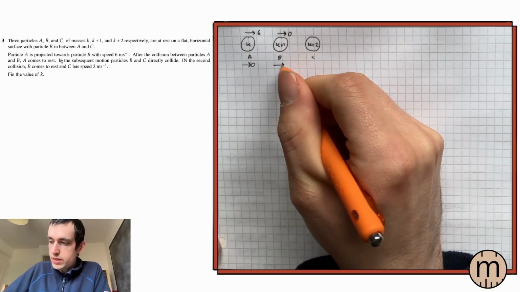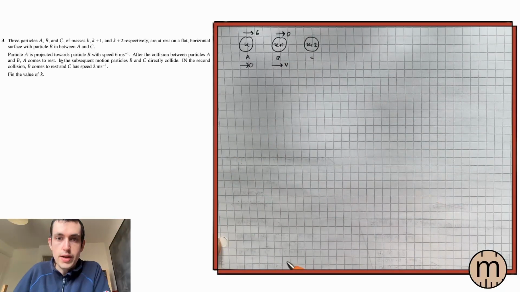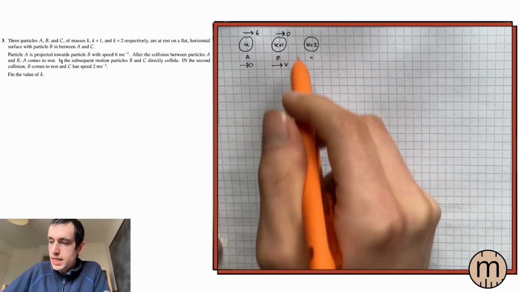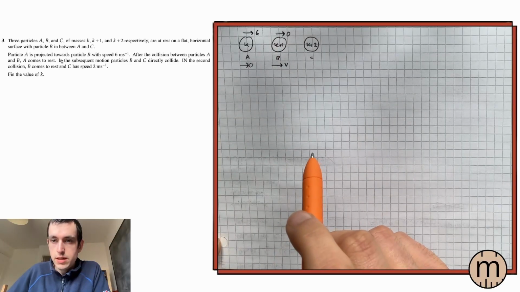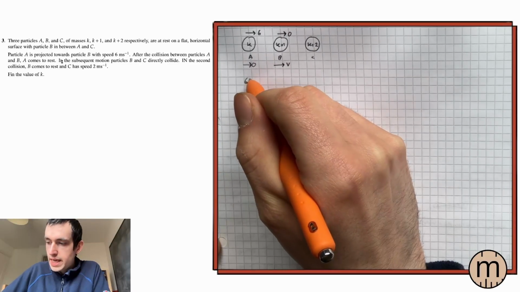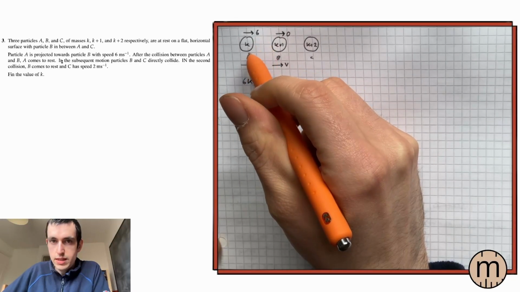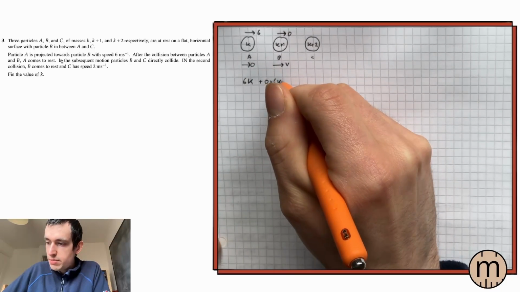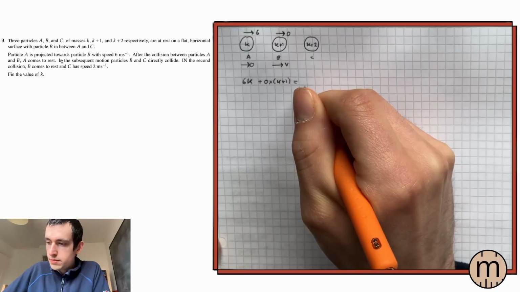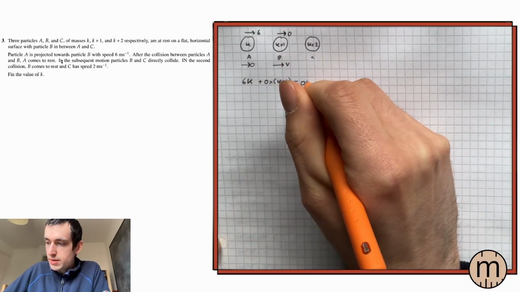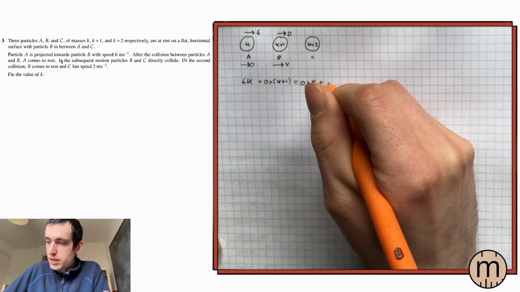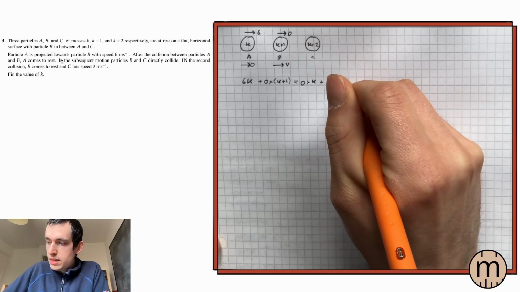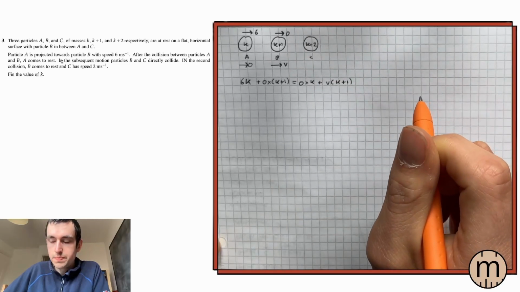And the velocity of B, we don't know it. Let's call it V. Let's try and find it. In this situation, we can do 6 times k, that's velocity times mass, plus 0 times k plus 1 should be equal to 0 times k plus V times k plus 1.